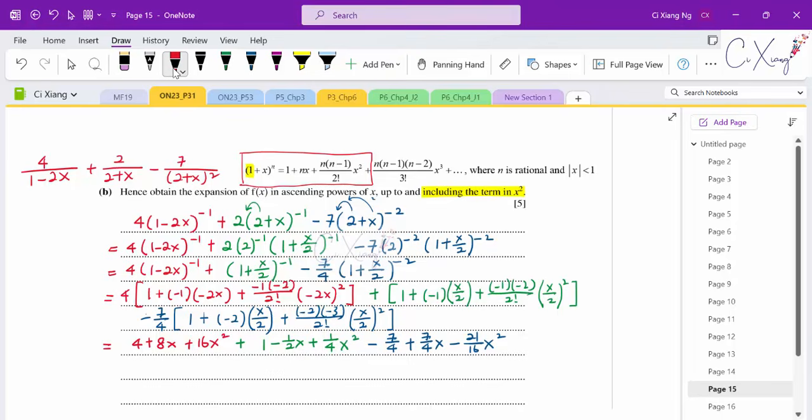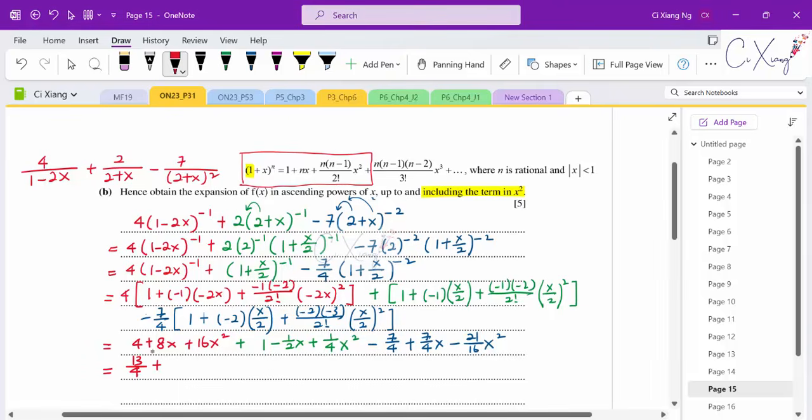Okay, then for the last step, of course, you can gather all the constant terms together, all the x power 1 terms together, and so on. So 4 plus 1 plus negative 7 over 4, you should have 13 over 4. Then for the term in x, you are taking 8x minus half x, then plus 7 over 4 x.